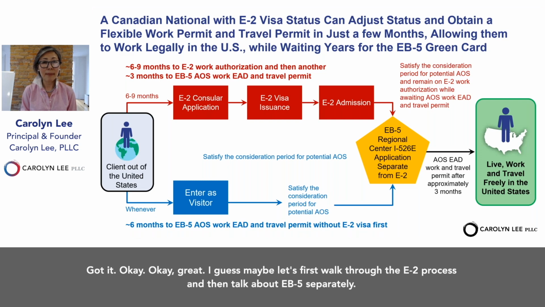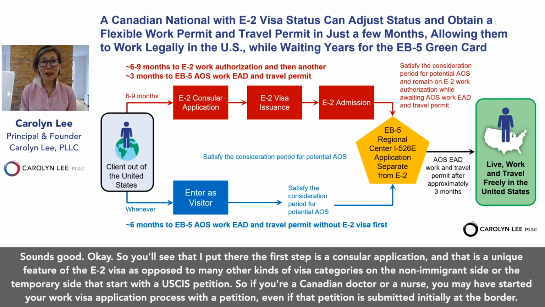Got it. Okay, great. I guess maybe let's first walk through the E2 process and then talk about EB-5 separately. Sounds good. Okay, so you'll see that I put there, the first step is a consular application.